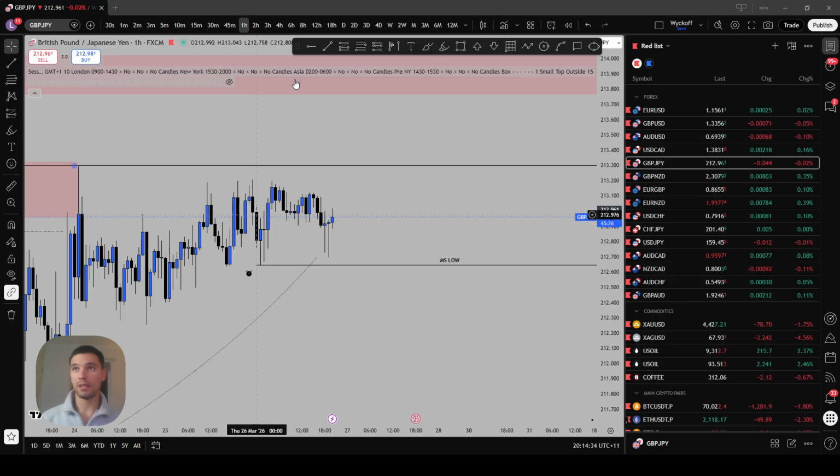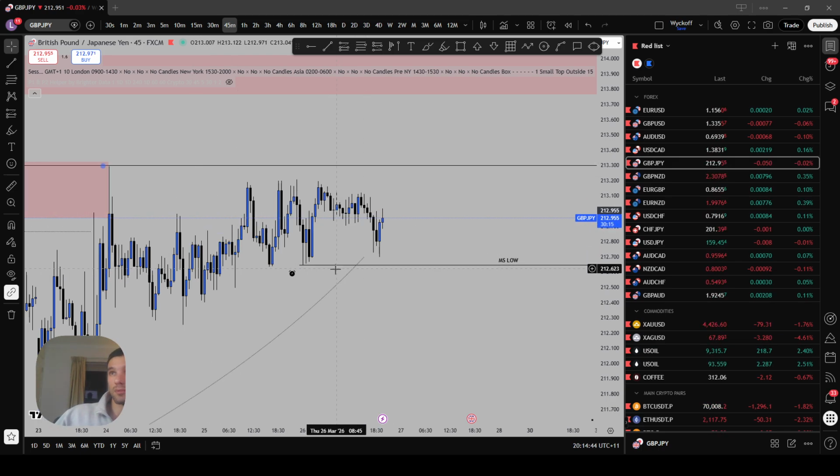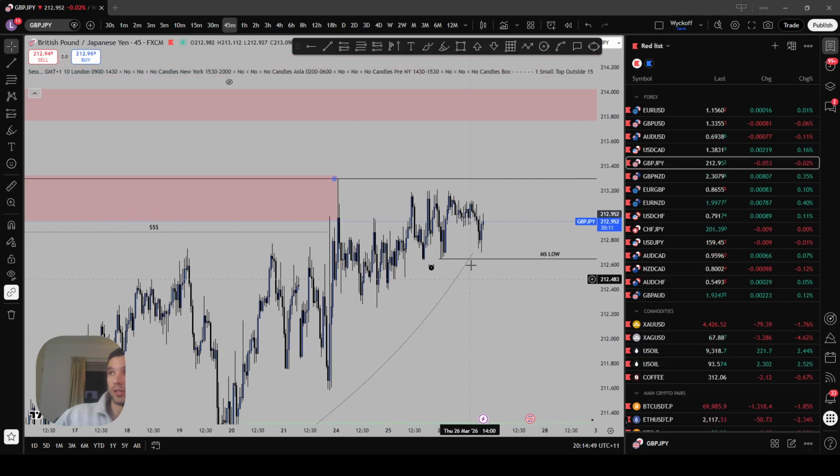We have also SFP'd the 1 hour market structure low. You kind of just need price to break here. You want price to break this low.